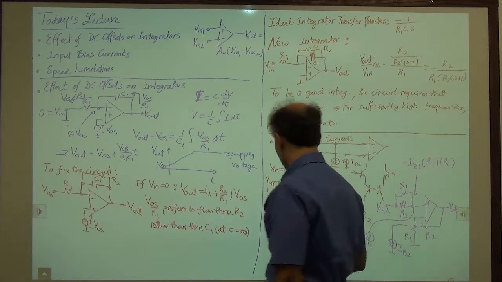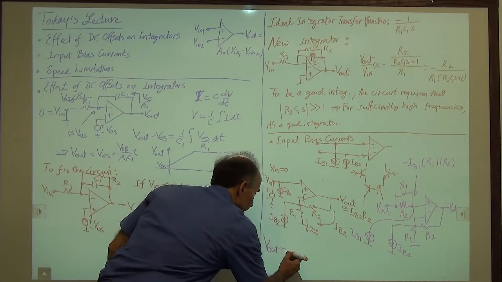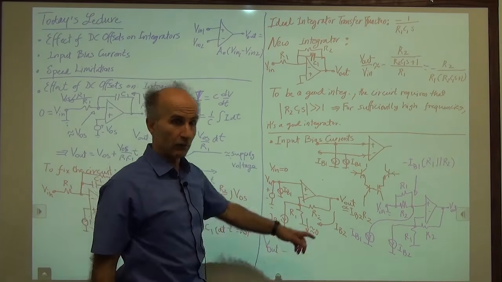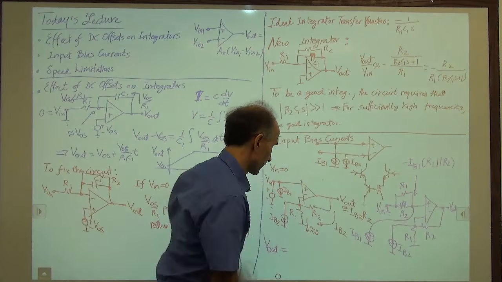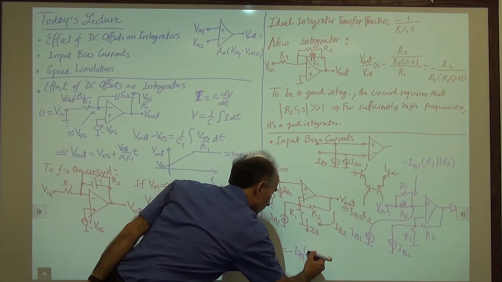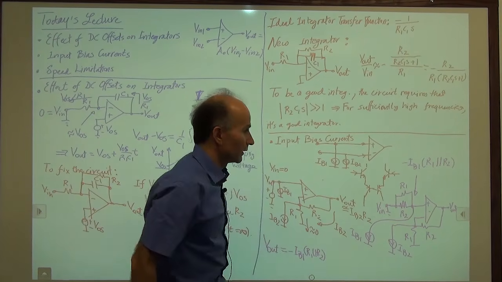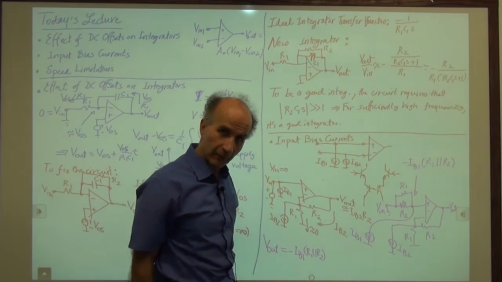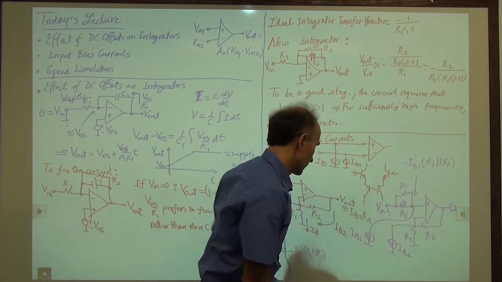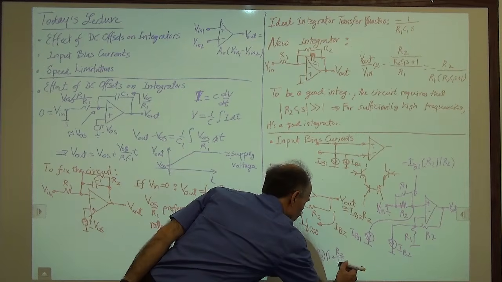So V out is equal to the input voltage minus IB1 times R1 in parallel with R2, times the gain of the amplifier from here to here, which is 1 plus R2 over R1.